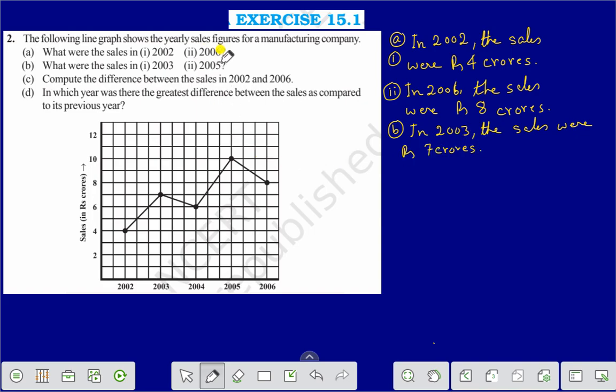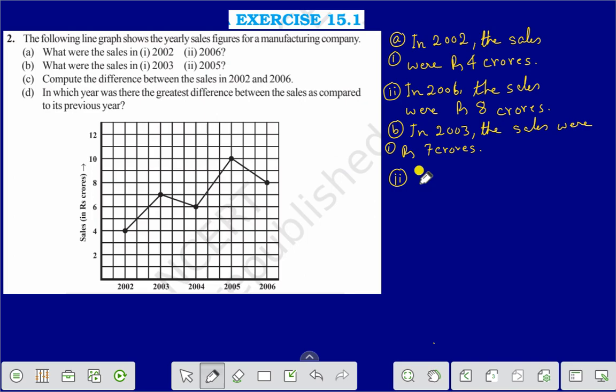Now the second part. What were the sales in 2005? You see this is 2005, this one is 10 crores.